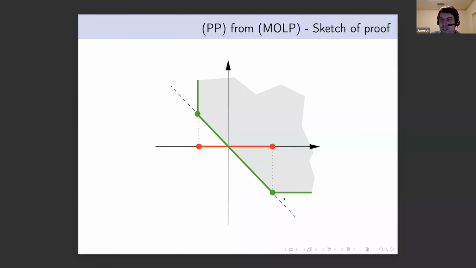Yeah, I think I missed the key point. But okay, I think it would be better to explain this in one dimension more, but I was not able to make a good drawing of this. It's fine, now I understand.